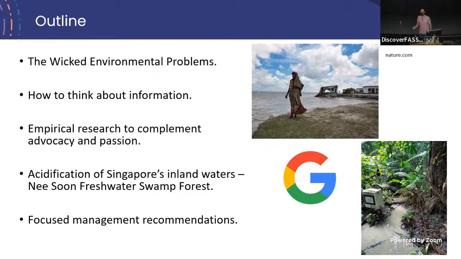Passion is great for raising awareness about a particular problem, a particular issue. But when it comes to policy change, we need empirical research data. We need to employ scientific methods, utilize scientific research to get that empirical data to then formulate policy and inform policy decisions.